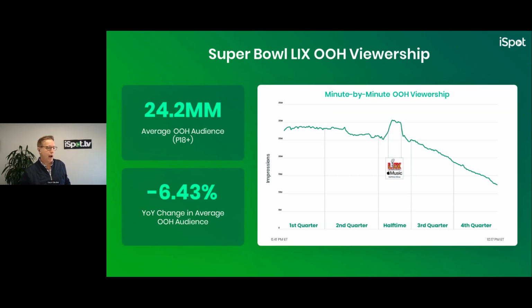In terms of our out-of-home viewership, iSpot measured 24.2 million average viewers. This is P18 plus out of home. This was down 6.43% from a year ago. And you could see some of the trends during the game. Now, this trend is not unusual for out of home.